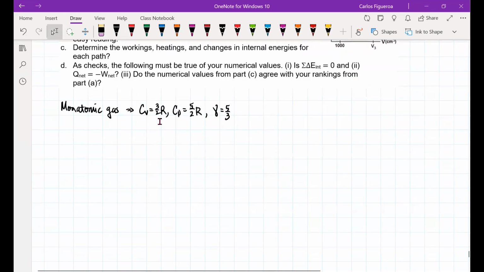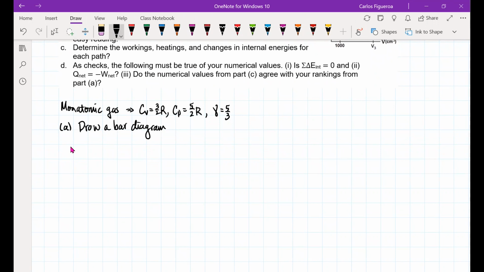Okay, so the first thing I need to do here is draw a bar diagram so that I have a good overall view of what is happening. So draw a bar diagram, and rank the heat, the works, and the changes in internal energies.